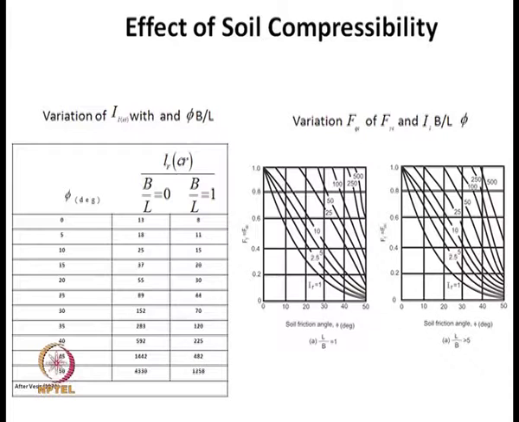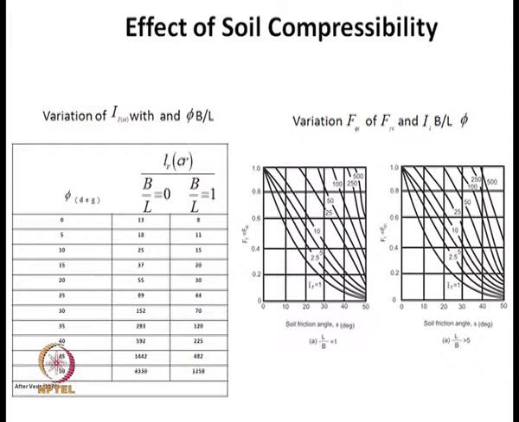So, suppose the rigidity index of a soil is 25, L by B is equal to 1 and phi is 20 degrees. Then the corresponding FQC and F gamma C value will be 0.45 something. Now, for phi equal to 20 and this IR value 25, the compressibility factors value will be around 0.95.